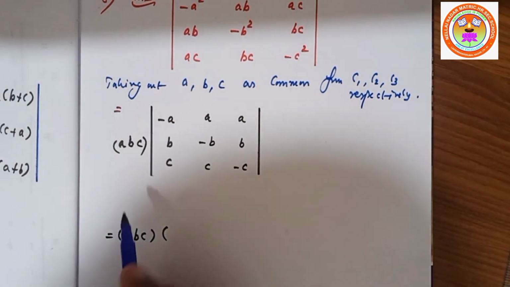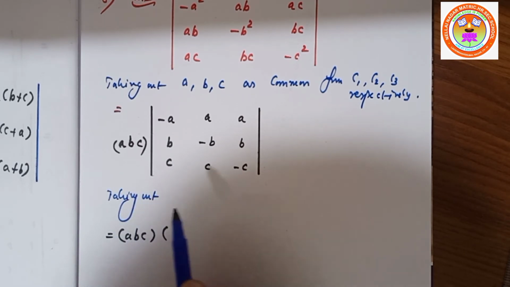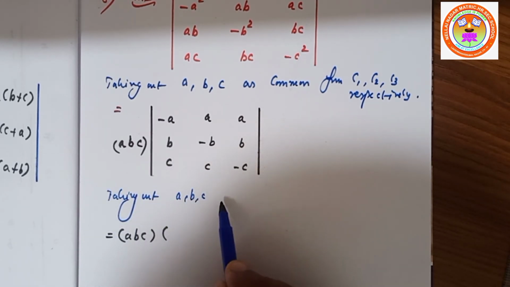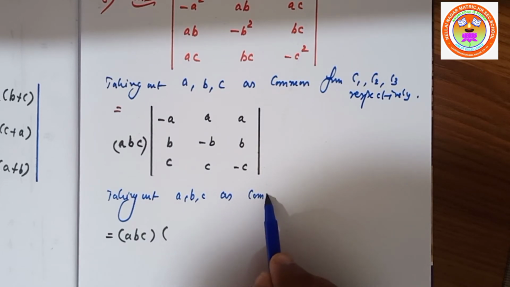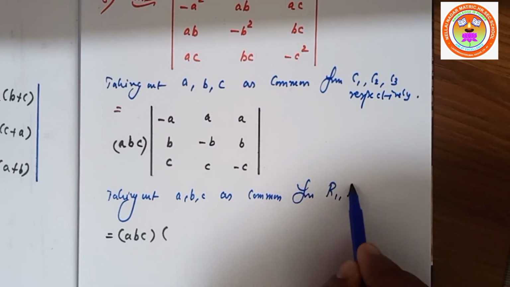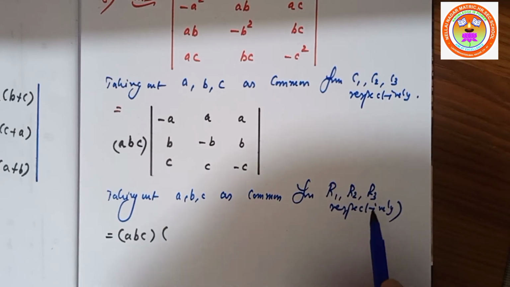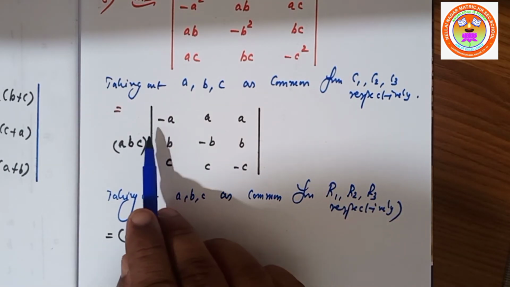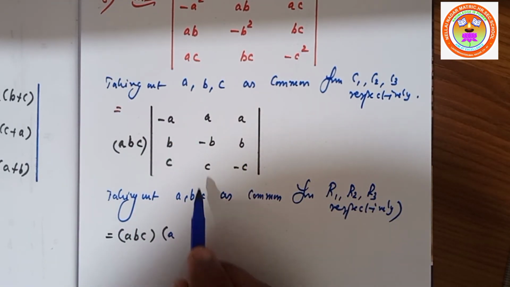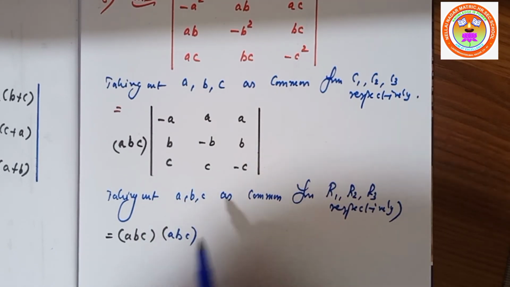I write here, taking out A, B, C as common from R1, R2, R3 respectively. So taking out A from R1, B from R2, C from R3.